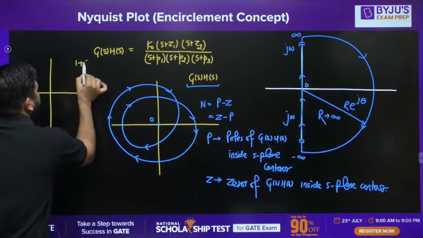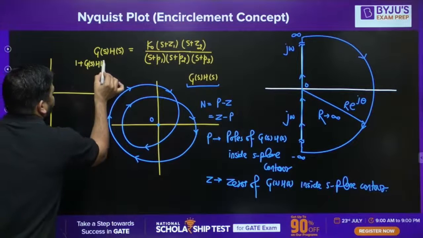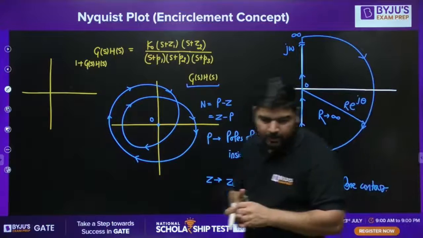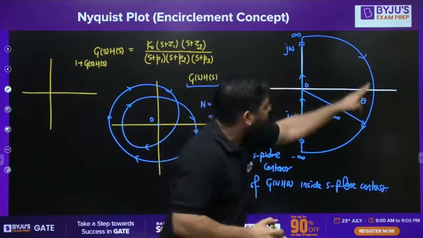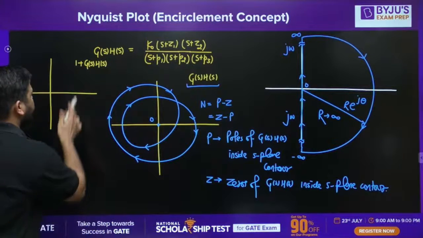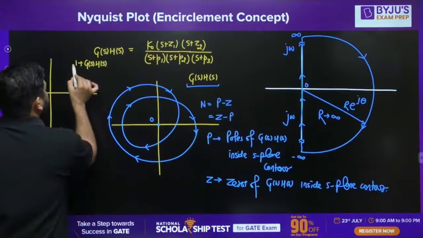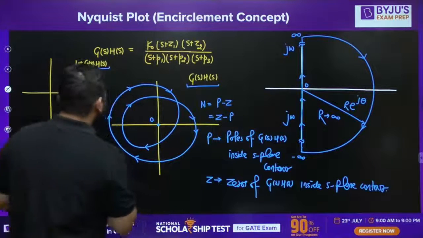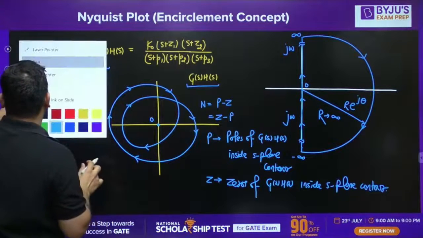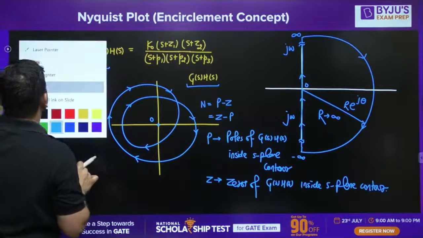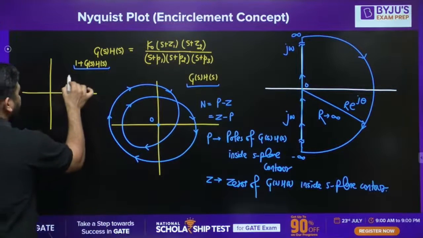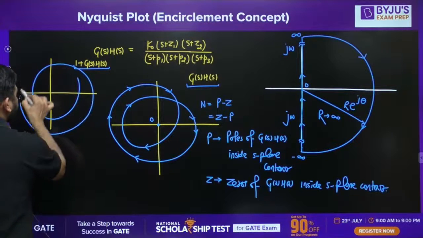It means I am taking this entire S-plane contour and mapping it into the 1 plus G(s)H(s) plane, and let's say the resultant contour is somewhat like this.